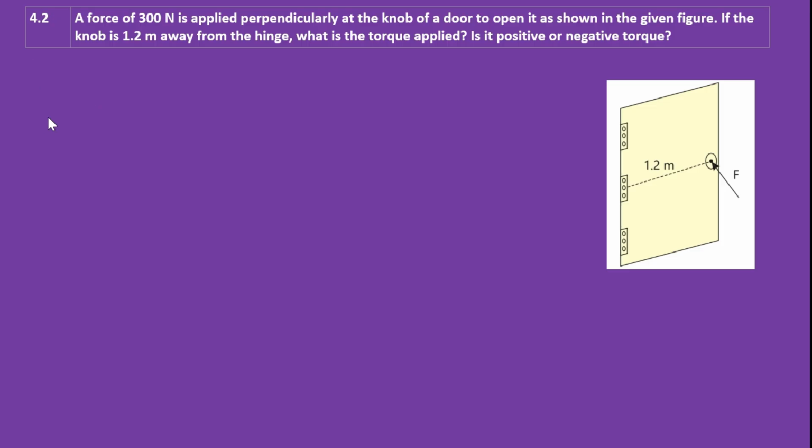Dear students, first of all we write the data here. The force which is represented by F is given that its value or the magnitude is 300 Newton, and the distance from the force, which in some books is represented by R, which is moment arm, or in some books it is represented by L. In your book this distance is represented by L, and this is 1.2 meters.